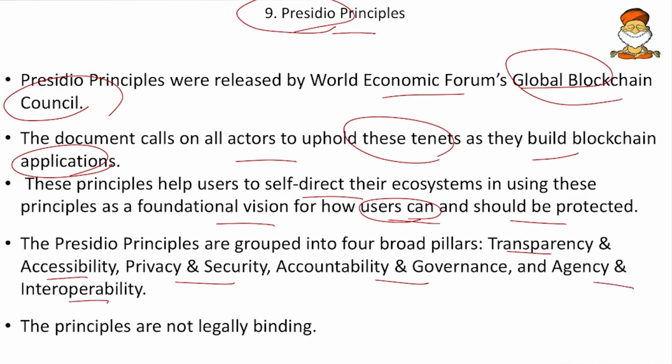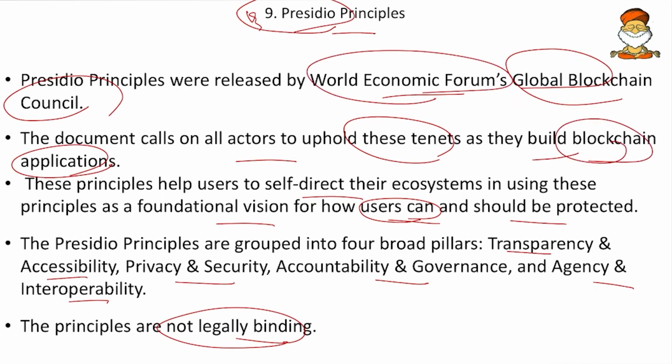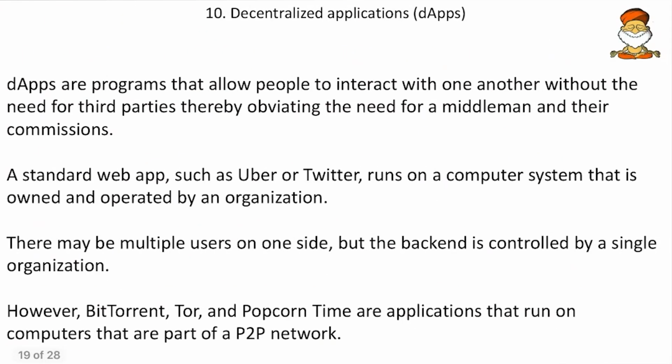So under all these, various principles are being prescribed and these are not legally binding. So for us, what is Presidio Principle? It deals with blockchain technology and World Economic Forum has released that, and it is not legally binding. And these are some of the pillars on which it is being stipulated. So that is more than sufficient.